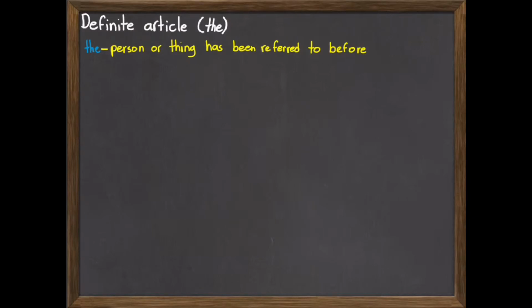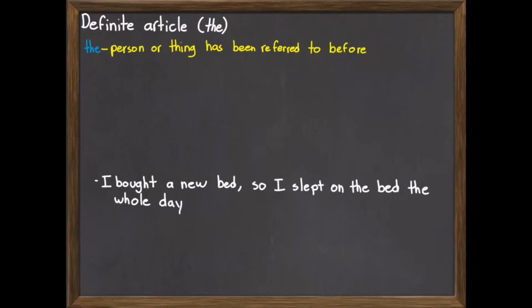Definite article the. We use the when a person or thing has been referred to before, such as the sentence, I bought a new bed, so I slept on the bed the whole day. The bed. Which bed? Well, the one that I bought, the new bed.